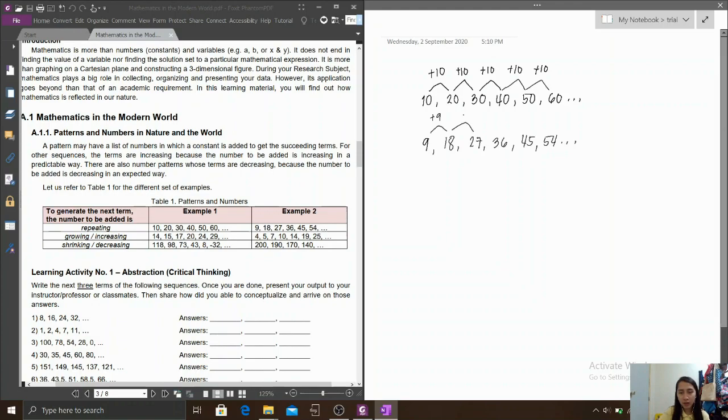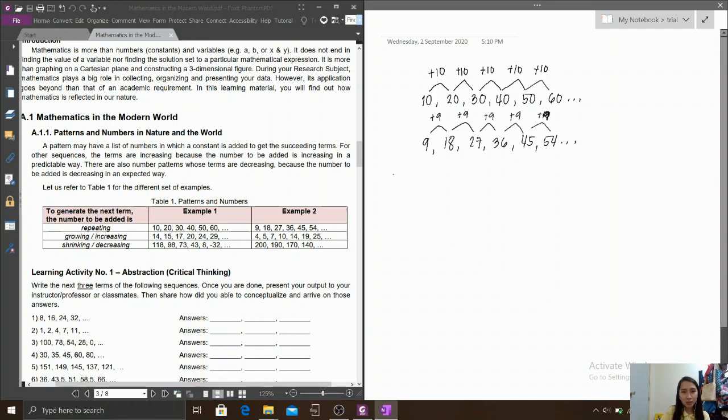To find 27, we will add 9 to 18, and so on. Again, the number to be added in order to get the next term is 9. In order to get the next term, the number to be added is repeating. That is what it means.